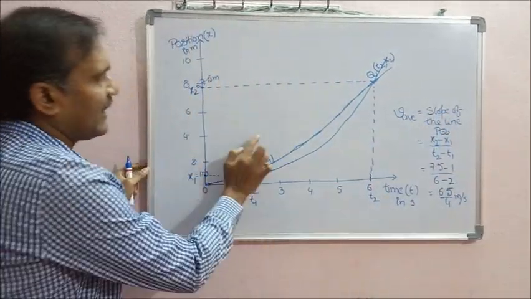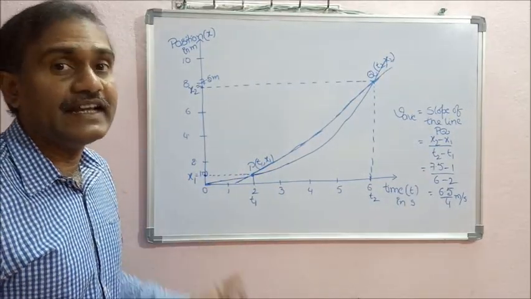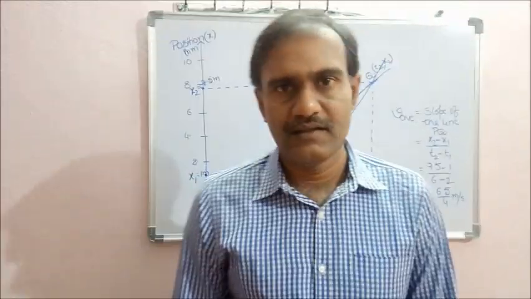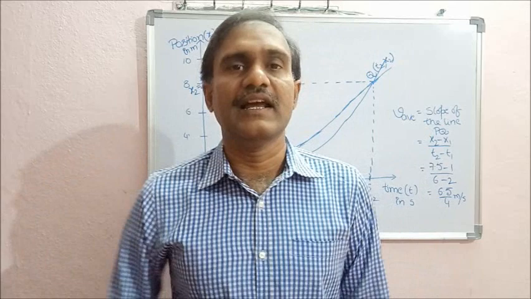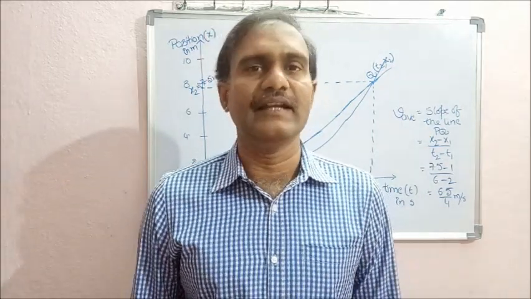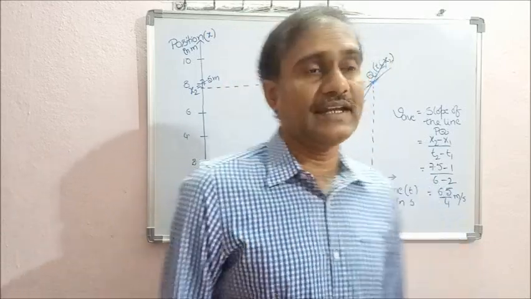With respect to this graph, we want to find out instantaneous velocity. What is meant by the instantaneous velocity? The velocity of a particle at a particular instant of time is called instantaneous velocity. That instantaneous velocity we want to calculate.